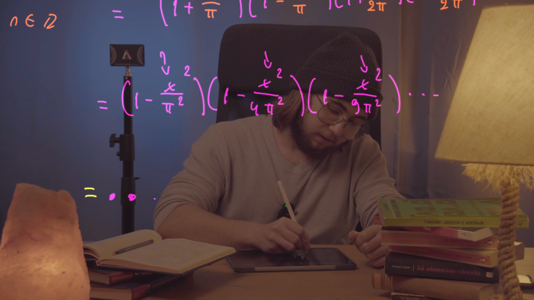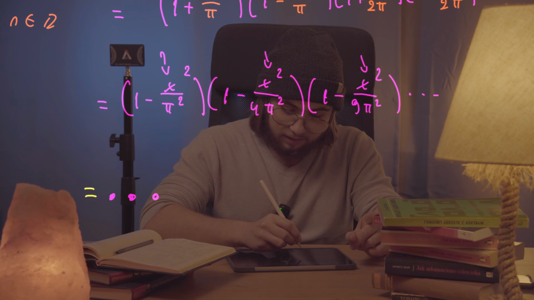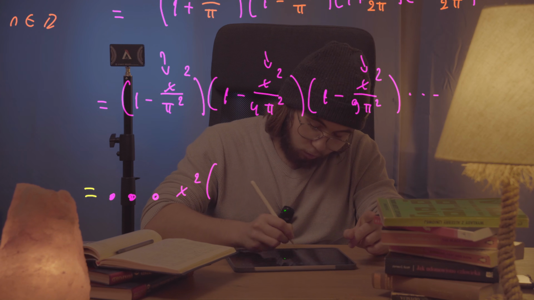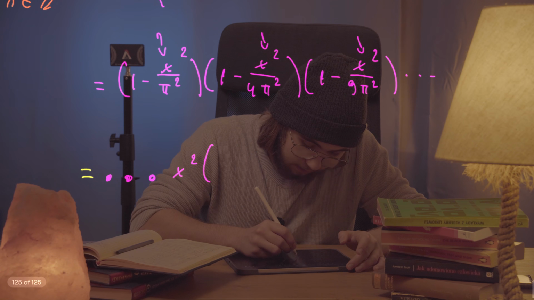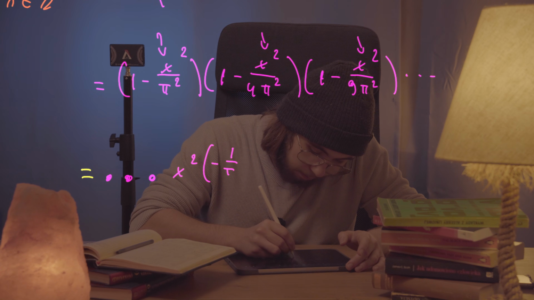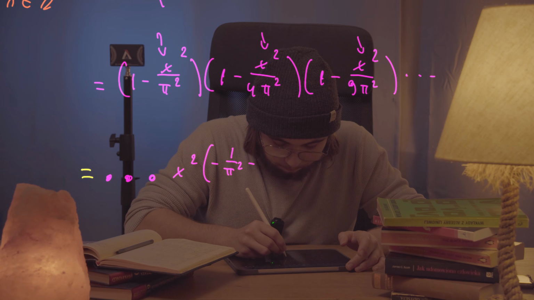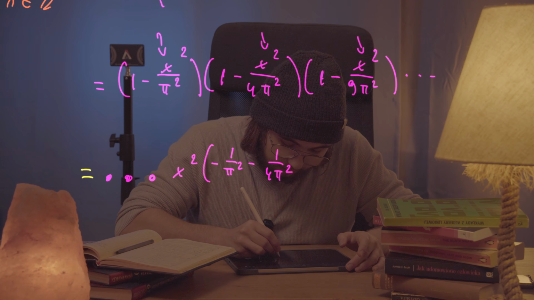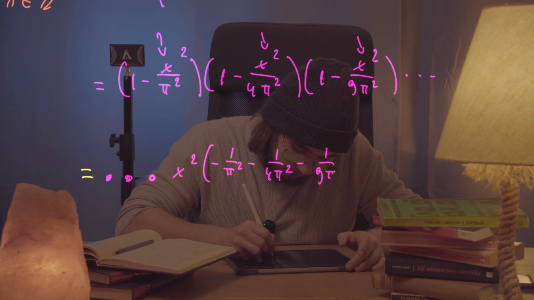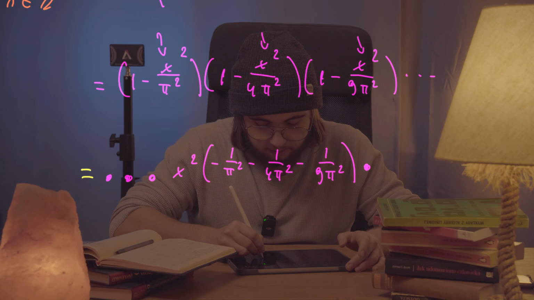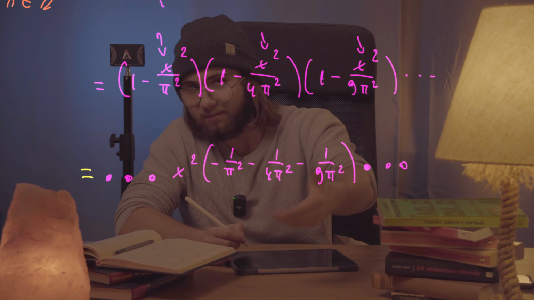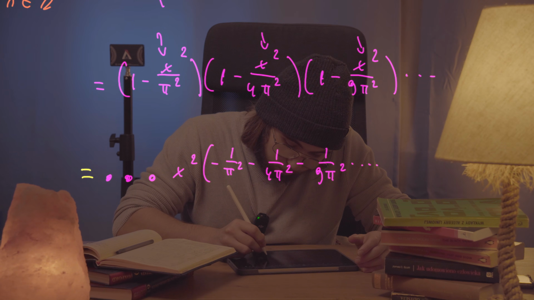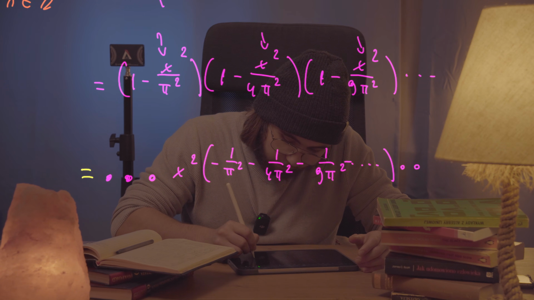Well, actually, it's pretty much true, because when we multiply everything out, we're going to get some stuff here, absolutely. Then we're going to get x squared multiplied by negative 1 over pi squared, negative 1 over 4 pi squared, negative 1 over 9 pi squared, all that stuff, and a lot more stuff after that.